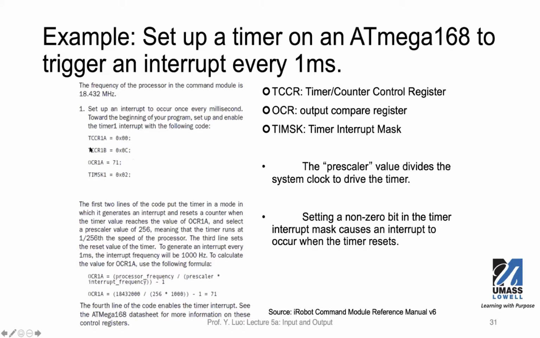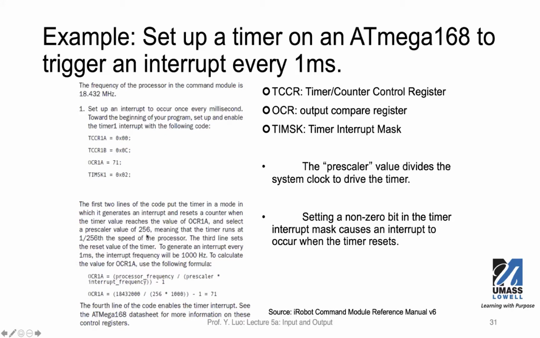Also, as a part of the control register, we set the prescaler value of 256. Interestingly, you don't see the 256 show up as the value here, because as we said earlier, the bits in this register really give you that value, or even a different value if you choose to.